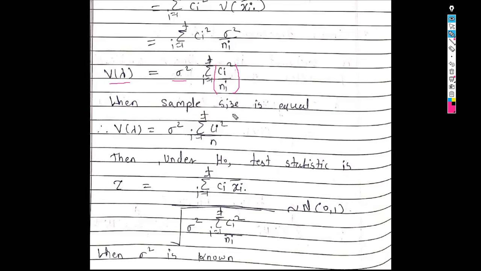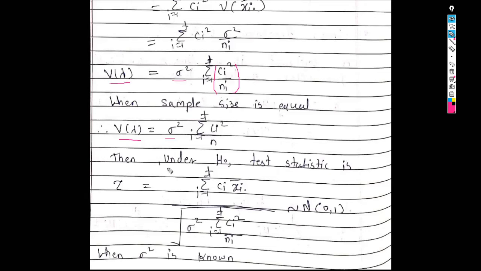When sample size is equal, where ni is the size of the ith treatment, and if the size of each treatment is the same, then this variance can be written as variance of lambda equals sigma square into summation i varies from 1 to t, ci square upon n. Means first we find summation ci square and we divide it by n since our sample size is equal.